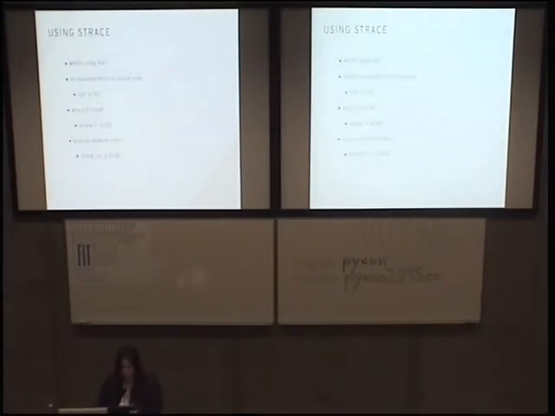The -y option will print the IP address and the port number for each socket, and the -s option will allow you to specify a number of bytes to print for each string, because by default strace just cuts each string and prints only the first 32 bytes. There are some other more advanced applications for analyzing network traffic, like tcpdump and Wireshark. So in case strace is not enough for you, I would definitely use something like Wireshark, for example.